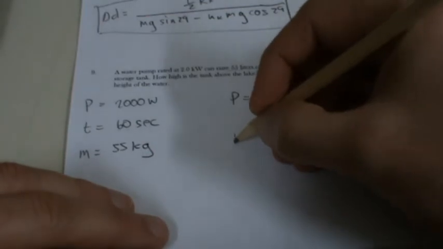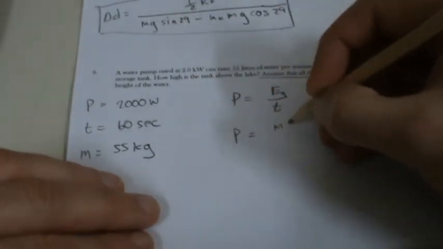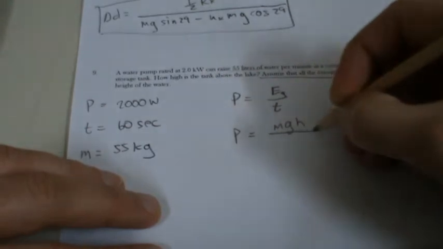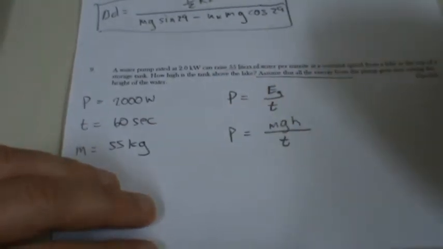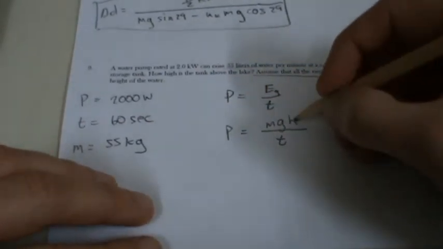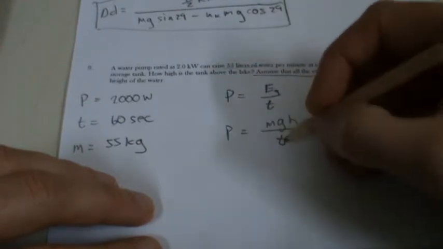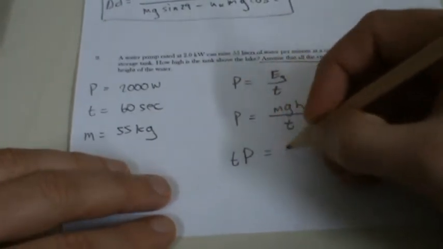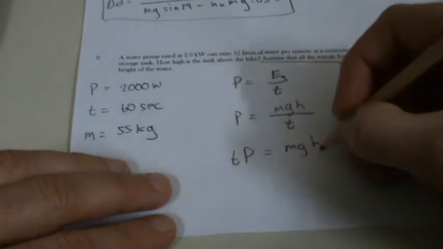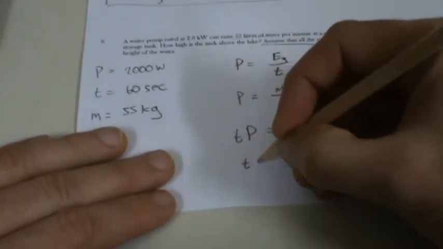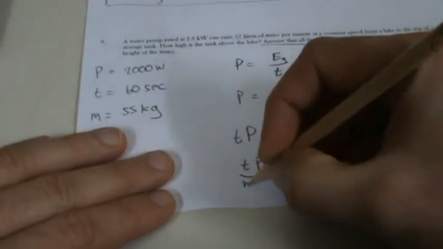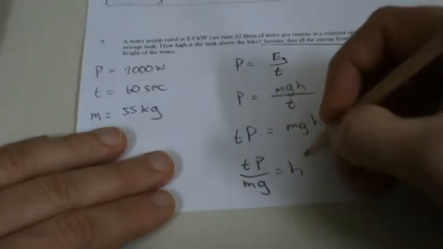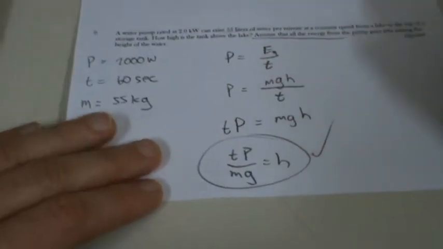All right, and so the power is equal to mgh over time. I know how high, or that's what I'm looking for, how high it goes. So if I multiply by time, mgh, and divide by mg, I get time times power divided by mg is equal to h. And that's how high it goes.